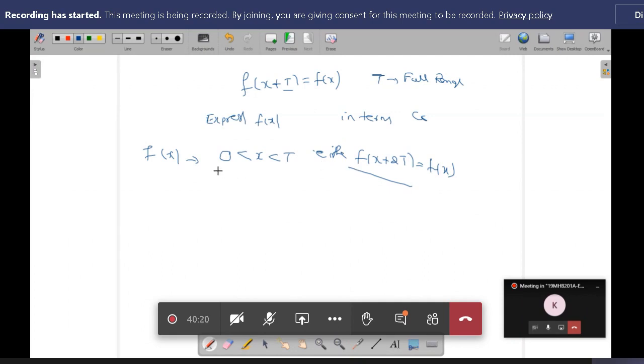Or else, suppose you take the full-range series, given a function f of x as a full-range series on 0 to t, assuming that f of x plus t is equal to f of x, it's a periodic function, and it is defined for any function f of x in the interval 0 to t.